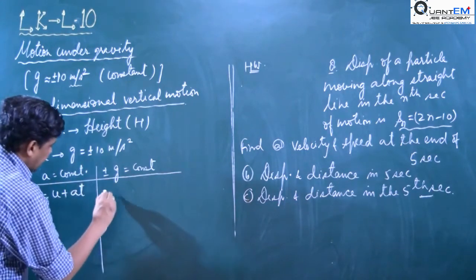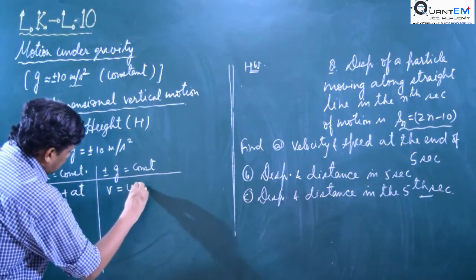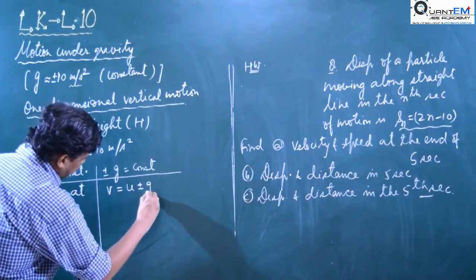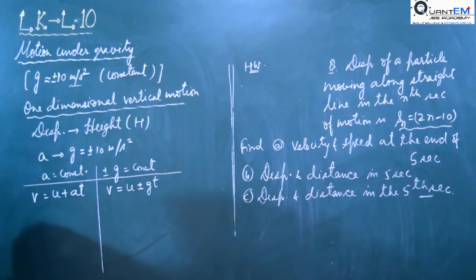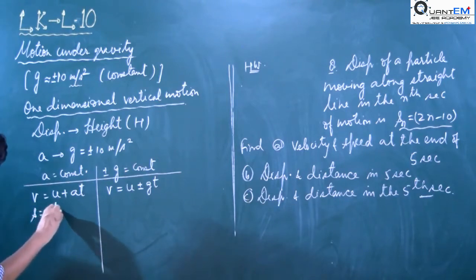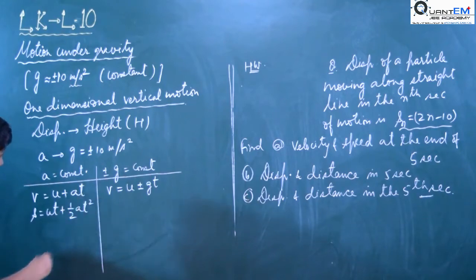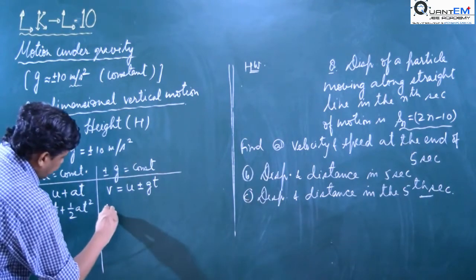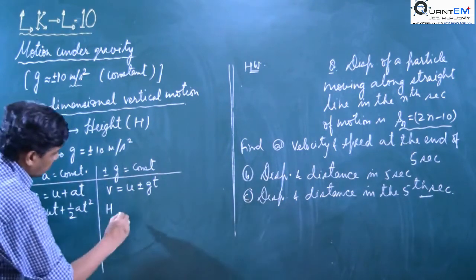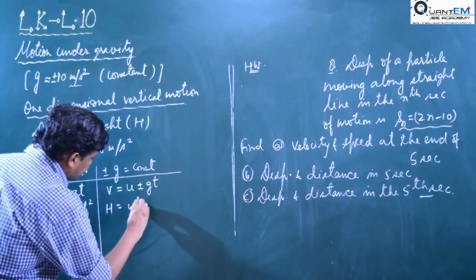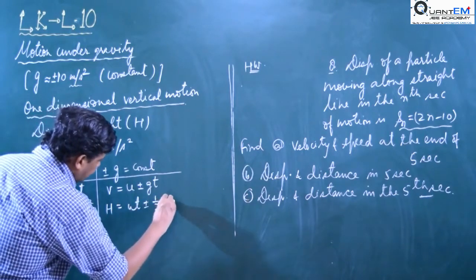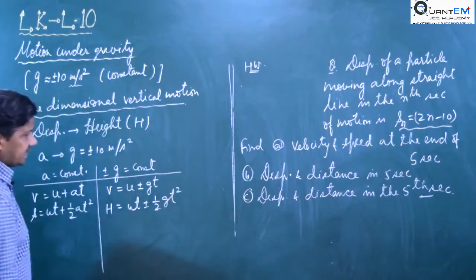Now here you will have to use the formula v is equal to u plus minus gt, in place of a we have used g. Now use displacement is equal to ut plus half at square. So in place of displacement we have height here. So height is equal to ut plus minus half gt square.